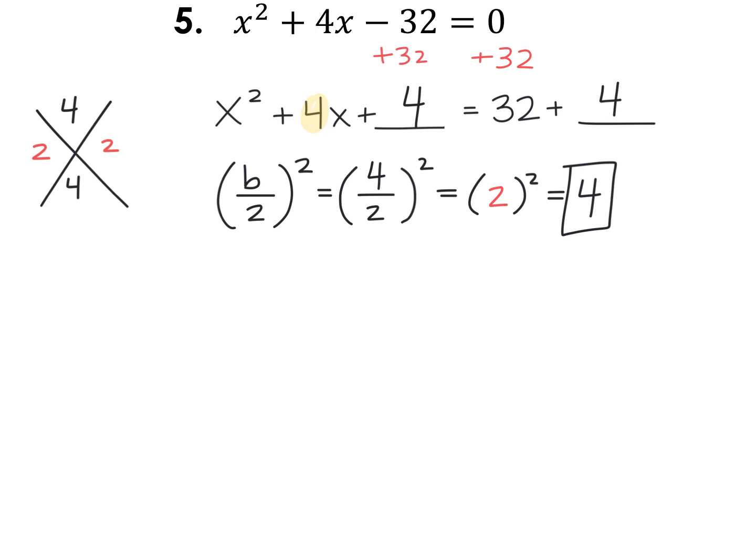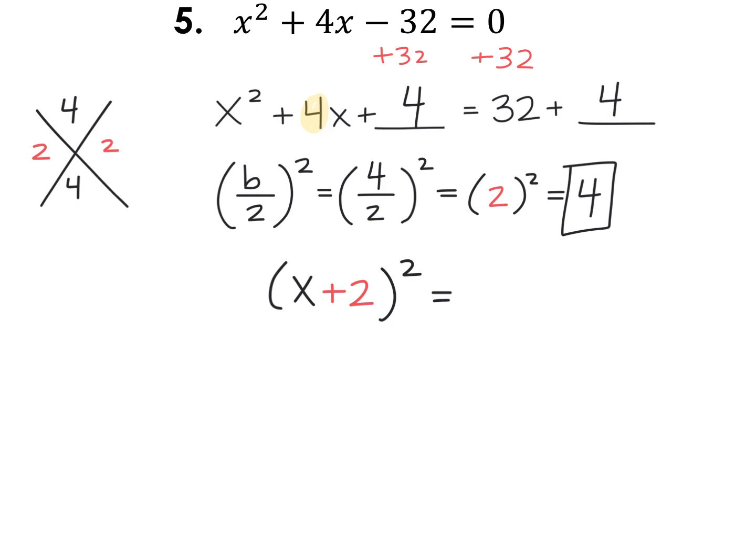Okay, so whatever you end up squaring will be what you would also get when you're playing the X game. Okay, so this number here, it'd be x plus 2 squared. When you factor, it would be x plus 2, but because there's two of them, it just squishes into one parentheses square. We also want to add these up. What is 32 plus 4?